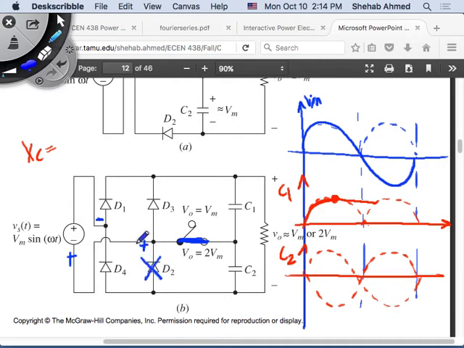Right? And current will flow out of my supply and charge my capacitor and back through D4. D4? Yes.